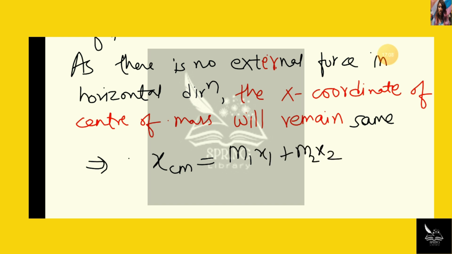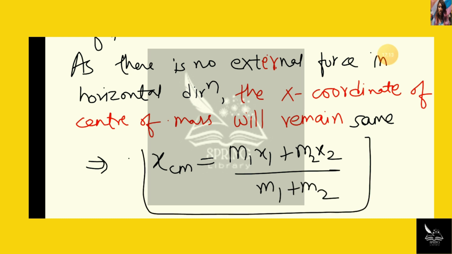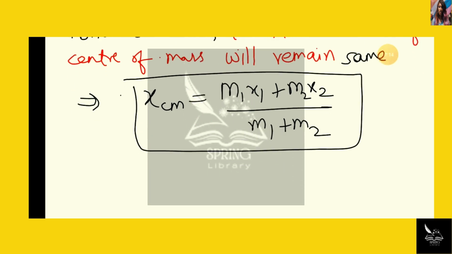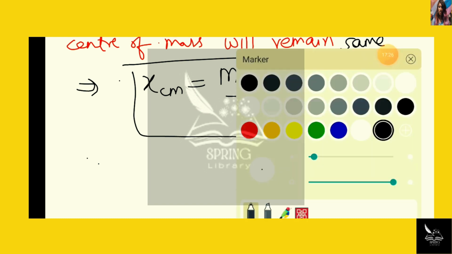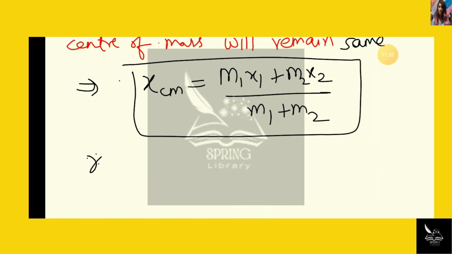Here xcm is the x coordinate of center of mass, and since it is not changing its position, xcm is equal to 0. Here m1 will be the mass of the bag, that is given in the question, small m, and x1 will be the location of the bag, which we have to find out.